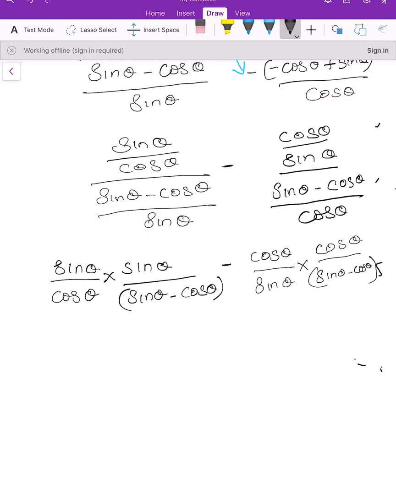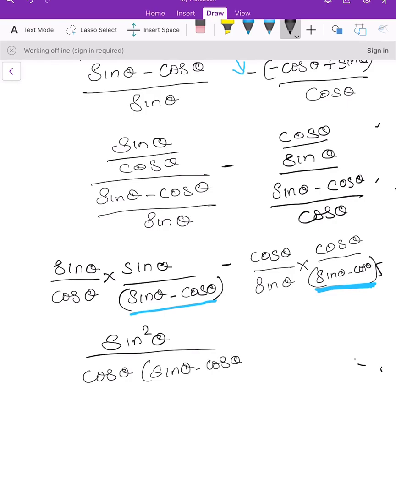Now I'll take the LCM. In my LCM, my sin theta and cos theta are the same, so I'll not do anything with them. I'll keep them as they are. So before taking the LCM, I'll write this simply: sin square theta by cos theta into sin theta minus cos theta, minus cos square theta by sin theta into sin theta minus cos theta.